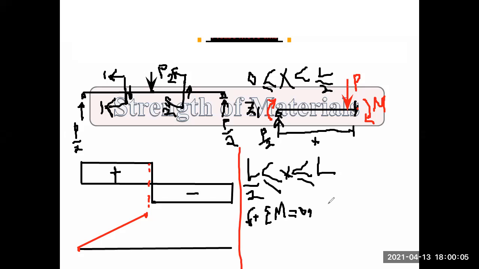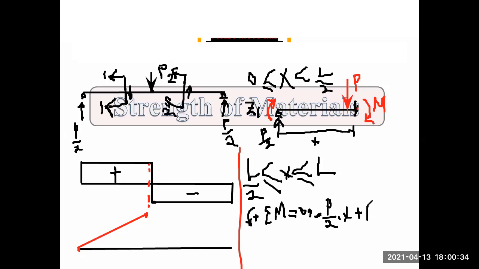In my equation, I have P over 2, which to make it a moment has to be multiplied by a distance, which is x. What kind of moment would it give? Clockwise, so it's negative based on my assumption. And then I will have a force which is P, right? It would be positive based on my assumption.